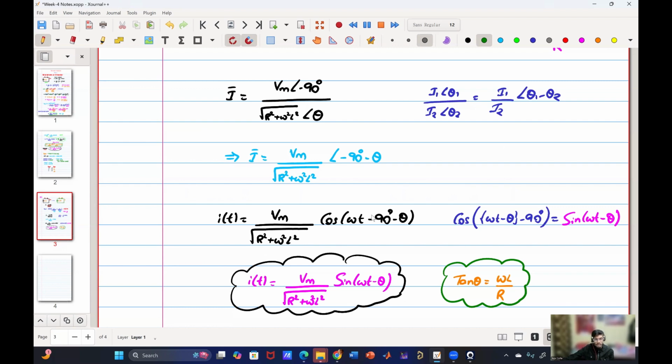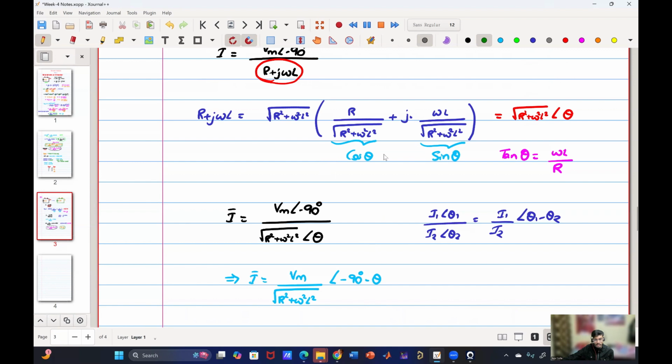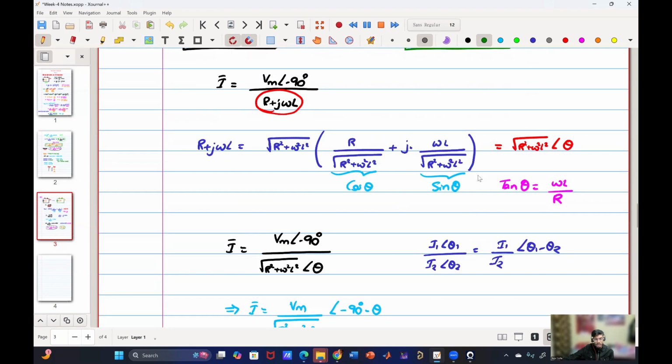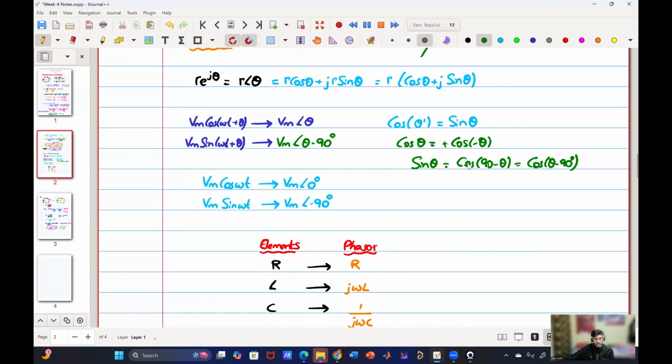Before that, sir, you wrote general formulas. This one. Sir, you wrote sin theta is equal to cos of 90 minus theta. This one. Yes, sir. What did you not understand?